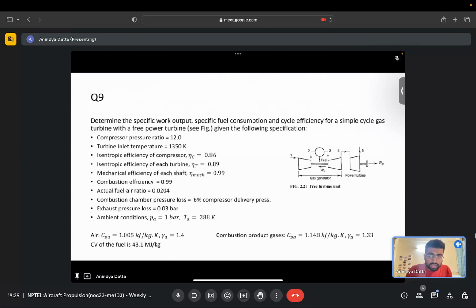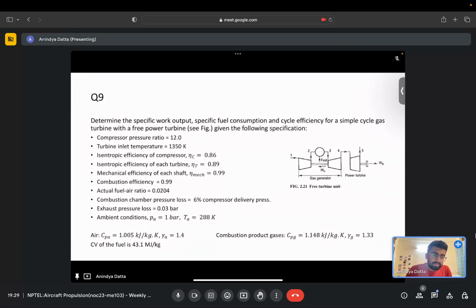Now we will do a thermodynamic analysis of a real cycle. This is the schematic of the cycle given. We have a compressor where the air enters at state point 1, then it leaves at state point 2 from the compressor. Then we have a combustion chamber, and it leaves at state point 3.